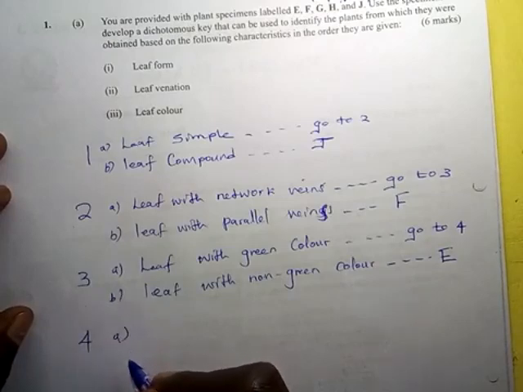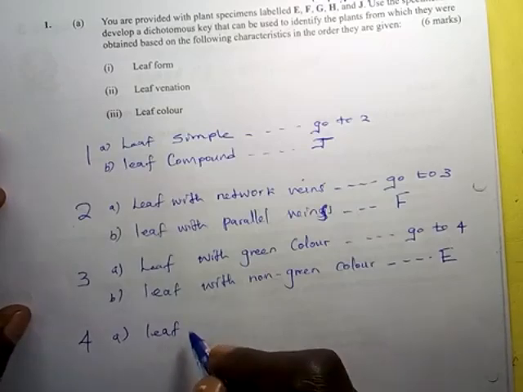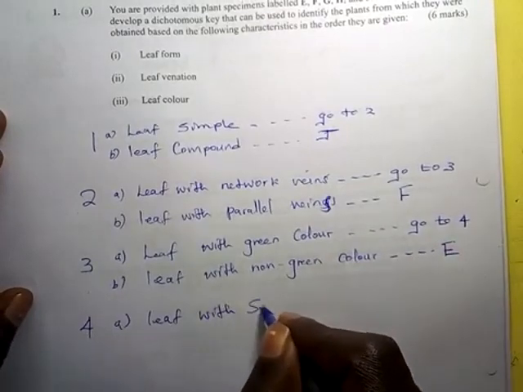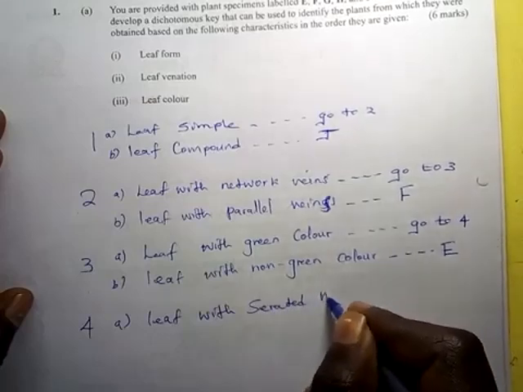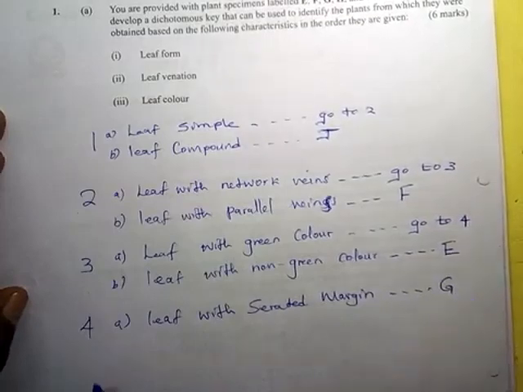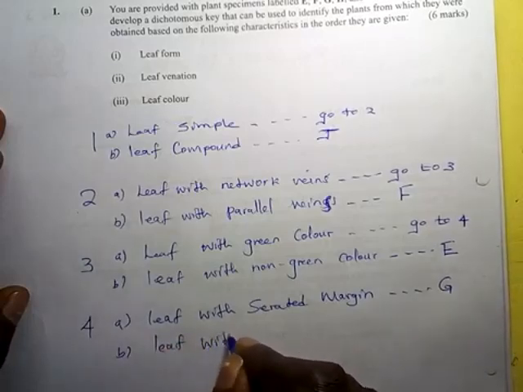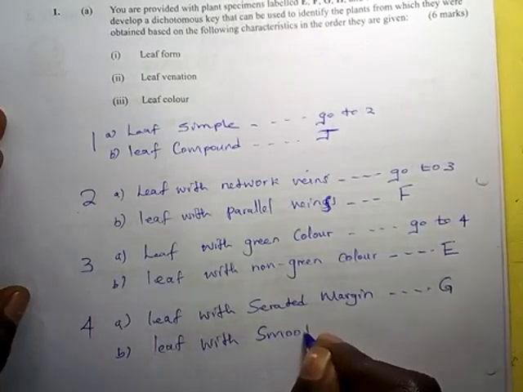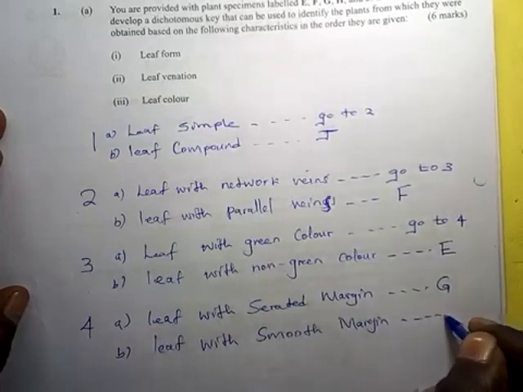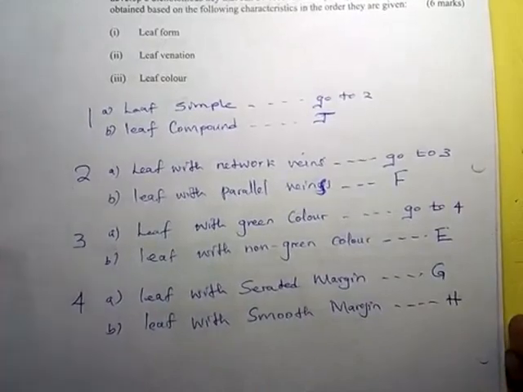G had a serrated margin, a leaf with serrated margin, that was G. And B, a leaf with smooth margin, that was H. And you have constructed a dichotomous key.